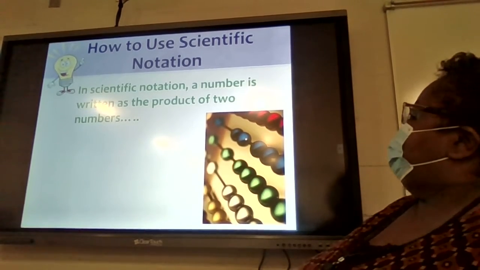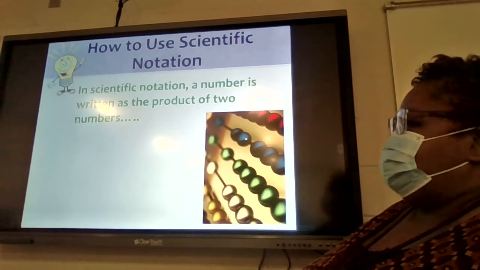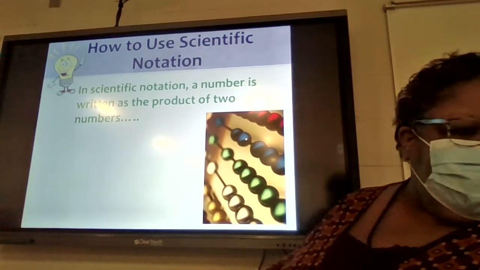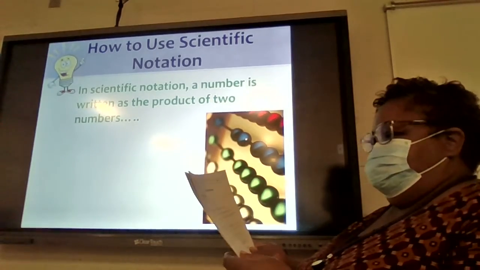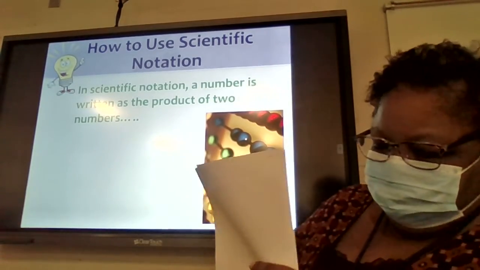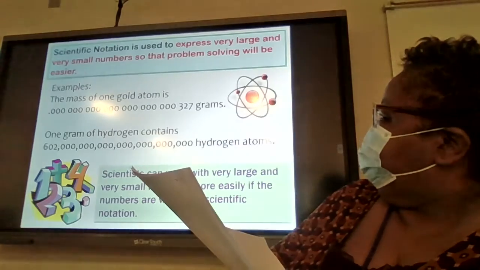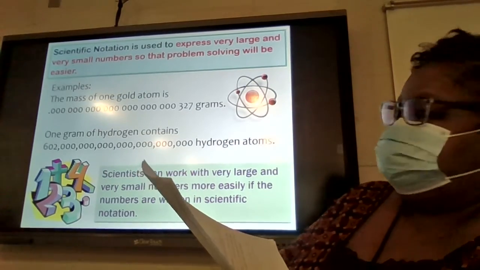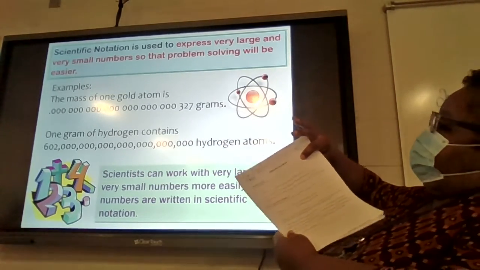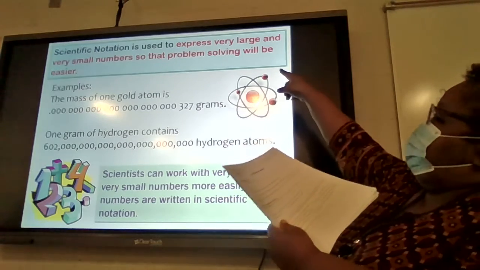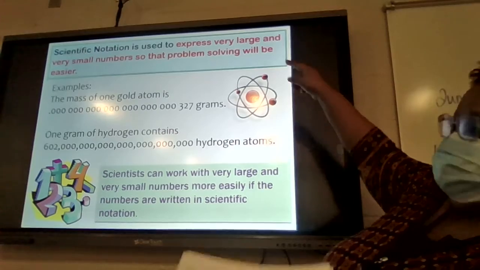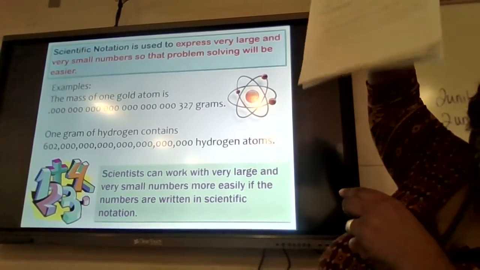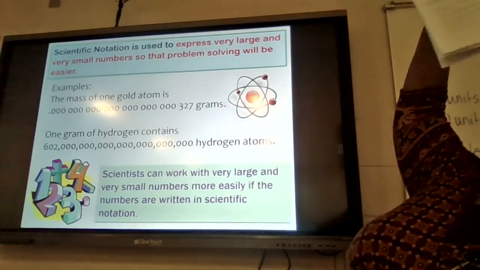In scientific notation, a number is written as the product of two, okay. Oh, I'm sorry. On the very first one, let me go back. I forgot to tell you what to write. Here at the top of your paper, scientific notation is used to express very large and very small numbers. Write that in this top one right here, very first one.